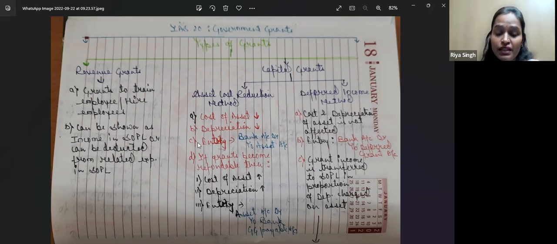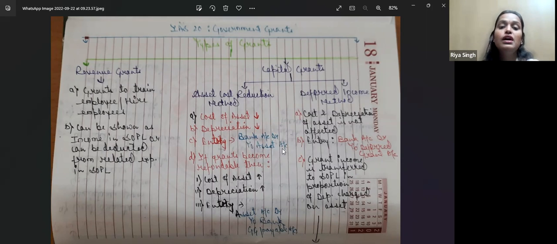Now, what will be the entry? As we have received that government grant, the entry will be: bank account debit, asset account credit. From the asset only, we are going to deduct, and whatever amount comes, we are going to show. As we are reducing the cost of the asset, the asset will be credited here with the same amount of the grant.